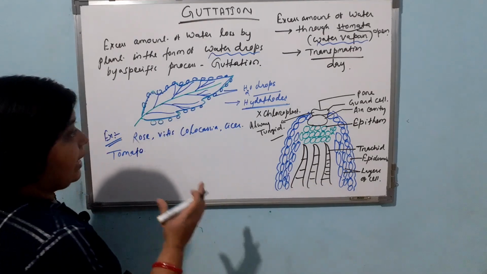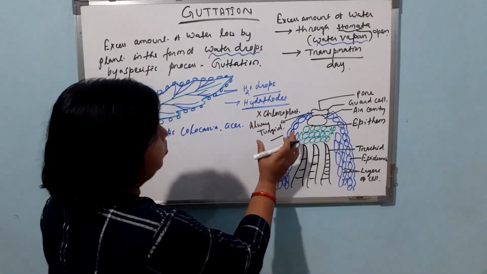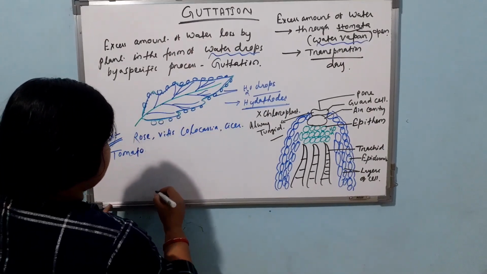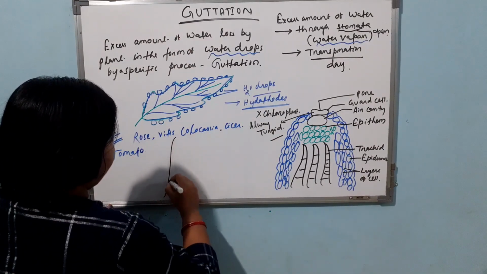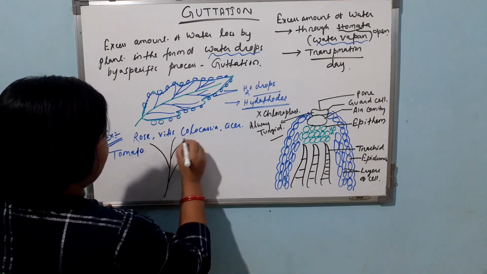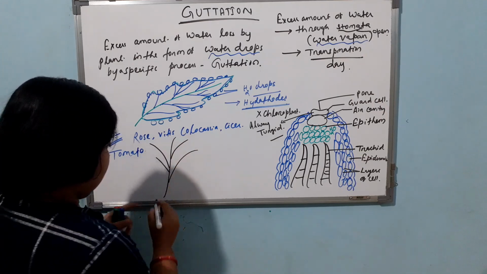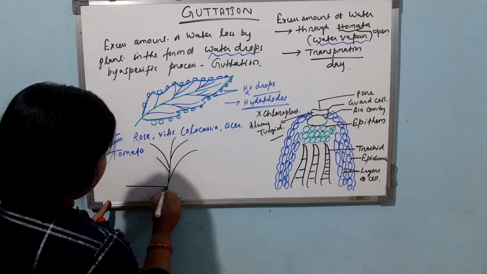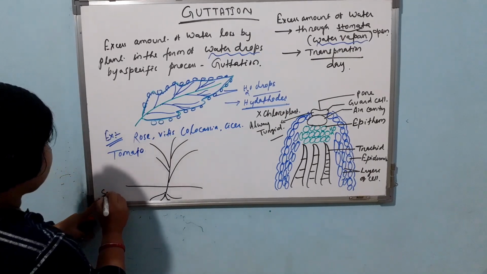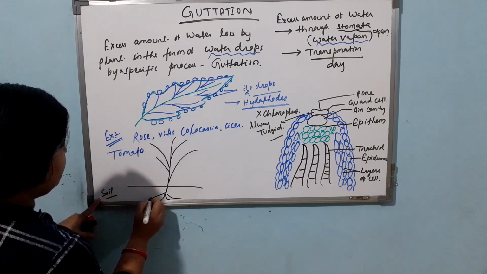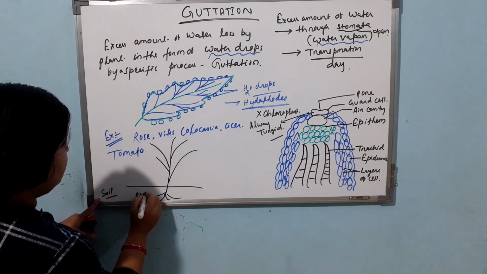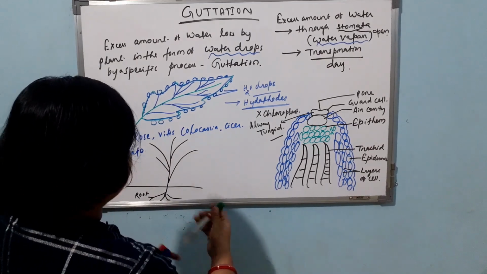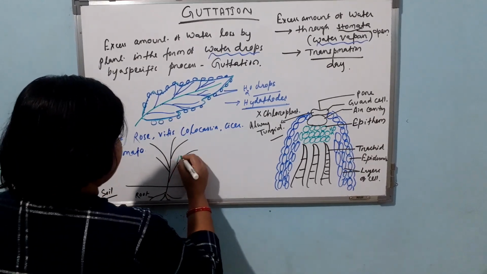Now we will understand how hydathodes help in the guttation process. Suppose this is one plant, these are the branches, here are the roots. This is the soil part, these are the roots, here are the branches, these are the leaves.